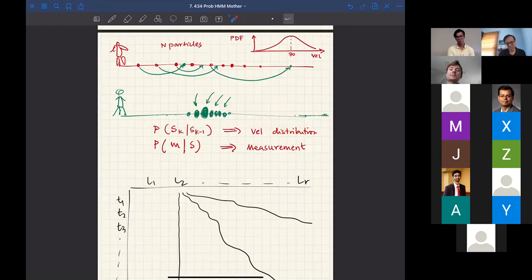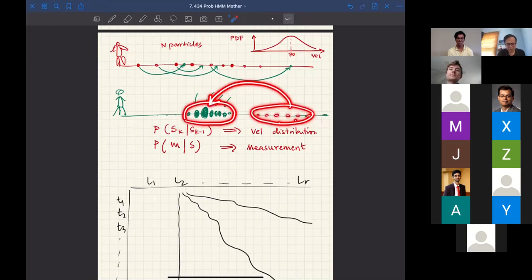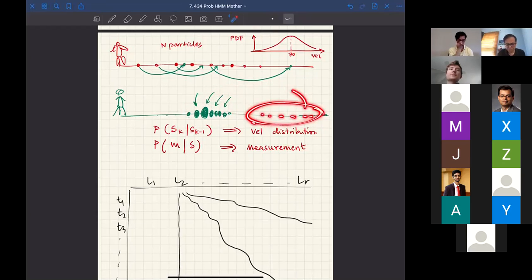But in particle filter, you're saying, oh, look, these particles over here, you need to bring these particles back into this region. And now when you bring these particles back into this region, where do you put them? You've killed these particles, but where do you put them? Oh, you distribute them in proportion to the weights of these particles. So suppose you've killed 5 particles over here. Where do you put them over here?